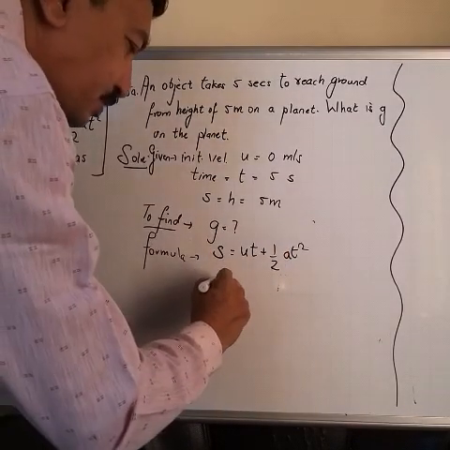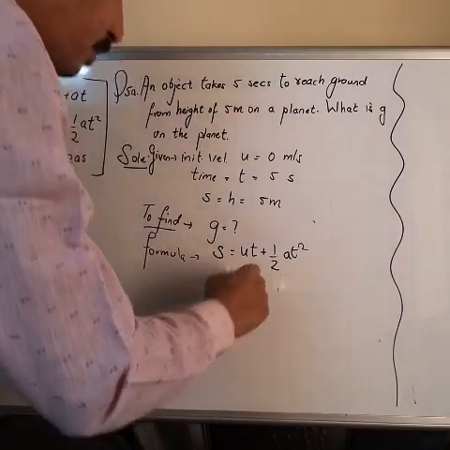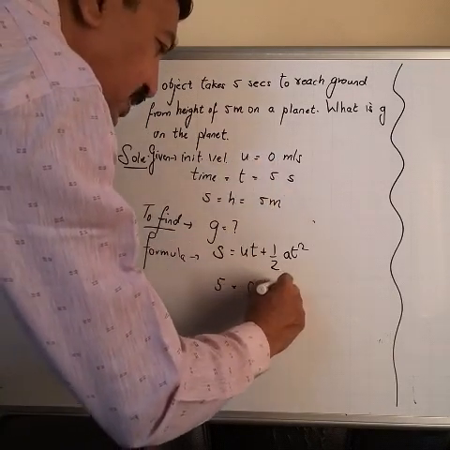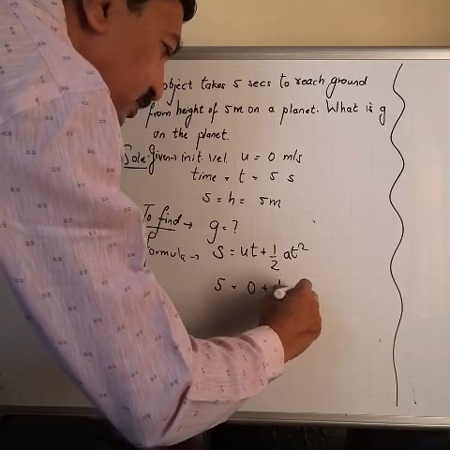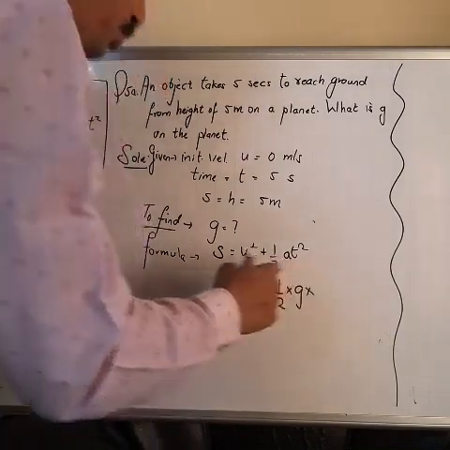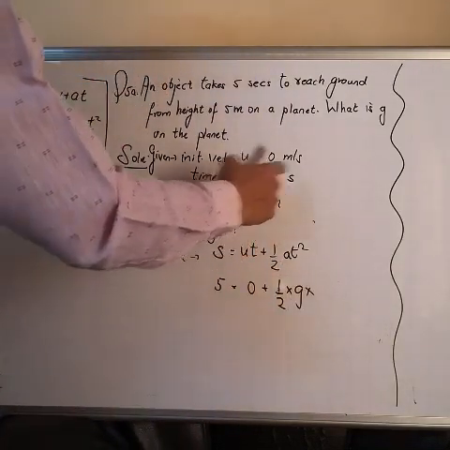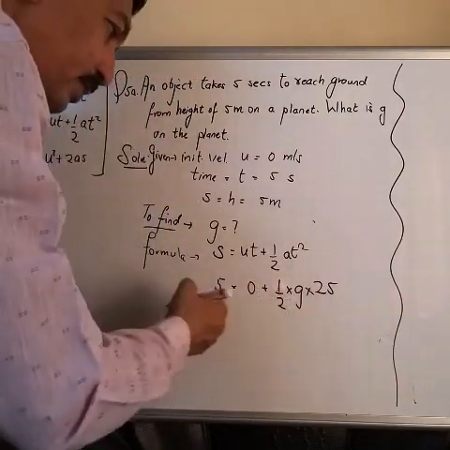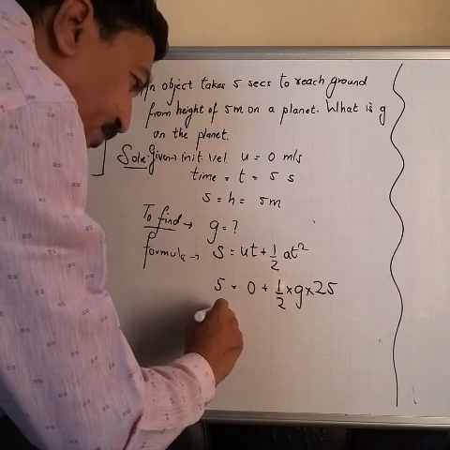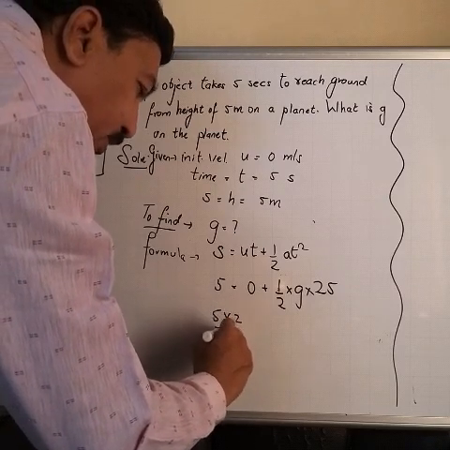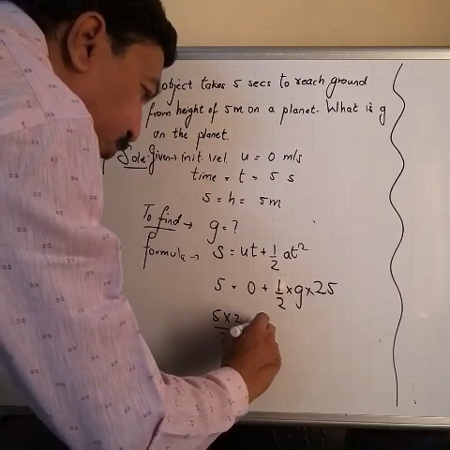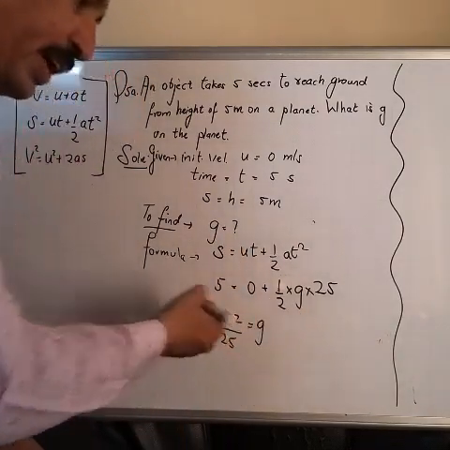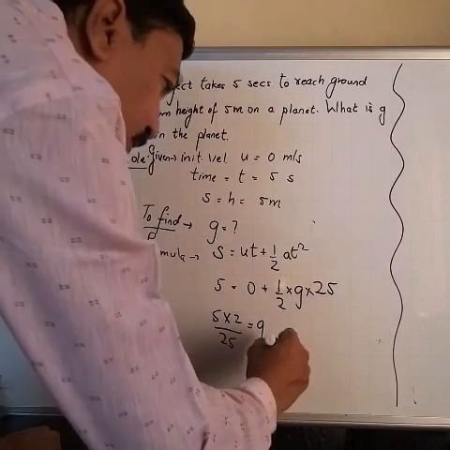Value of s is 5 meter, u is 0, so the term becomes 0, plus half g into t square. t square is 25. Or the equation can be written as 5 into 2 upon 25 equal to g, right? And this becomes 10 upon 25.